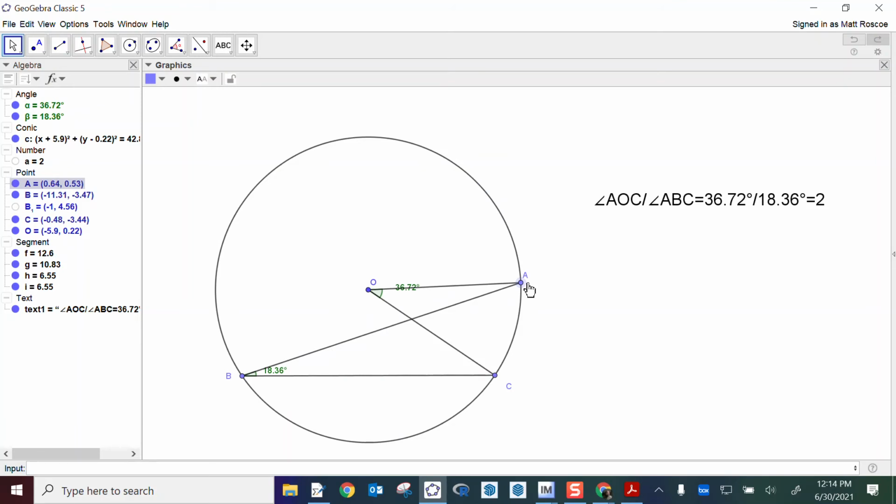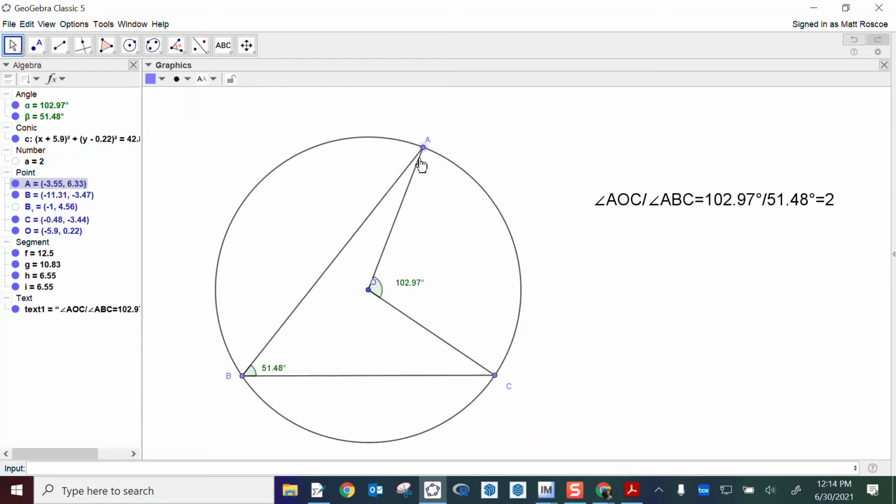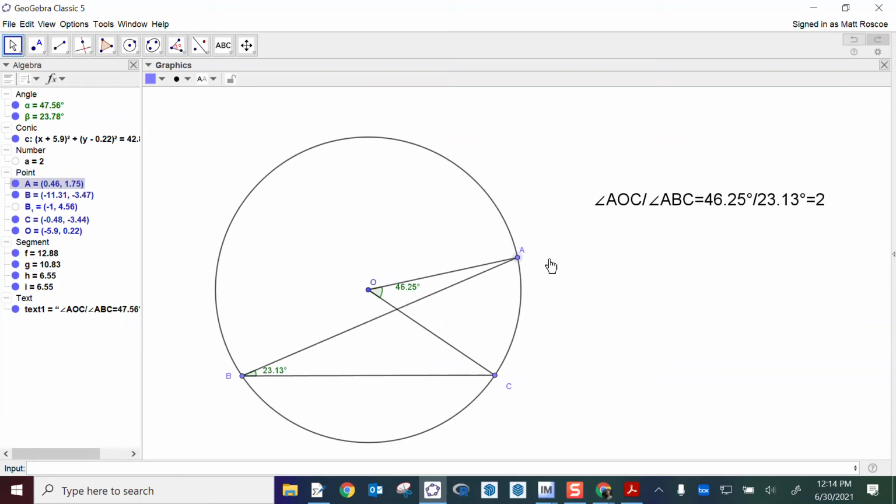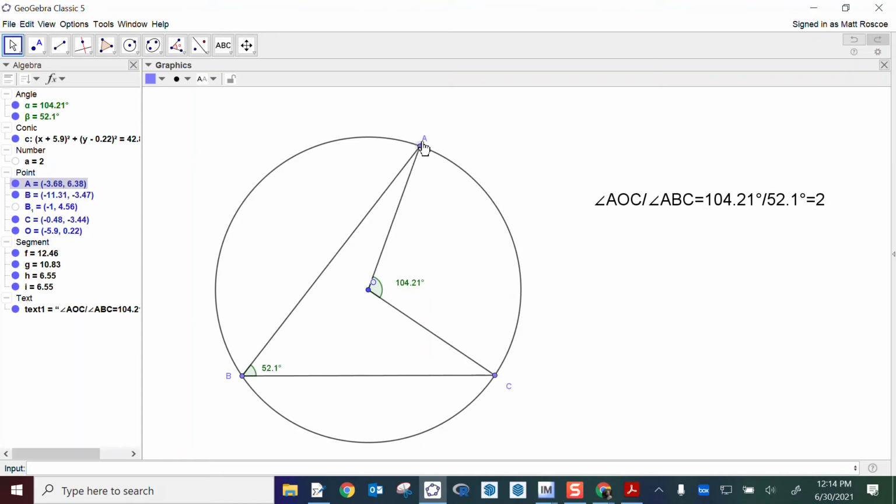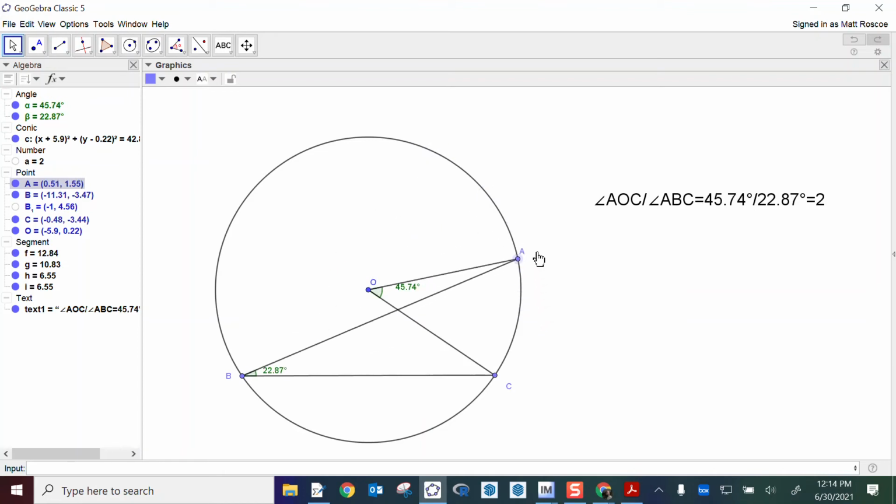So this is a classic case in geometry where the proof has to have various stages or cases. There is the case where the central angle is inside the inscribed angle, the case where the central angle is not contained by the inscribed angle, and then the last case is where the central angle is actually on the inscribed angle, or a ray of the inscribed angle. So inside, outside, on are the 3 cases that would have to be proved.